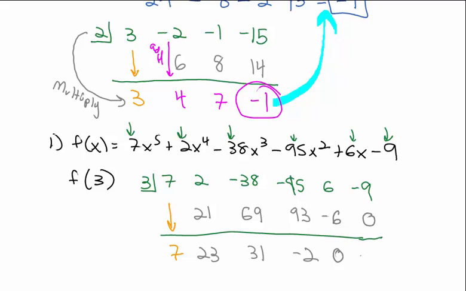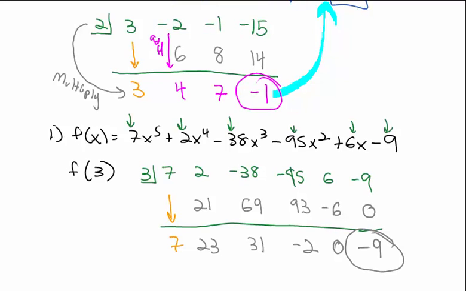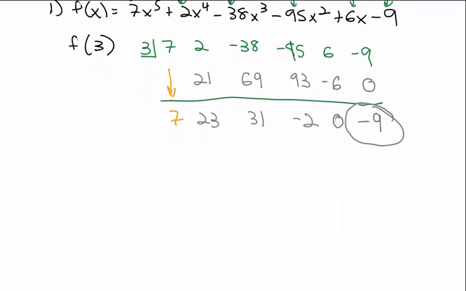Times 3 is 0, which brings it down to a negative 9. If we were to plug 3 into this long thing and do all the arithmetic to work it out, we'd end up with negative 9. But the synthetic division made the problem much quicker for us and quite easy to handle. I'm sorry, synthetic substitution. Substitution is what we're doing here.